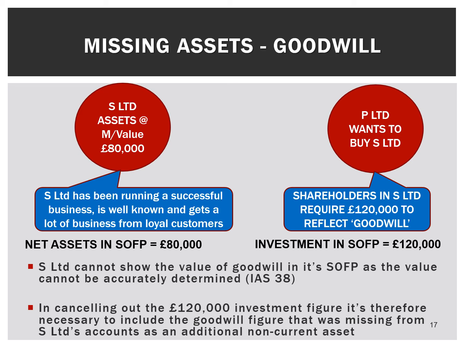So now IAS 38 doesn't apply, because the cost of the goodwill can now be accurately determined. We've actually got a figure put on it that P has paid, and so in the consolidated statement of financial position, we can include that goodwill figure that was missing from S Limited's statement.